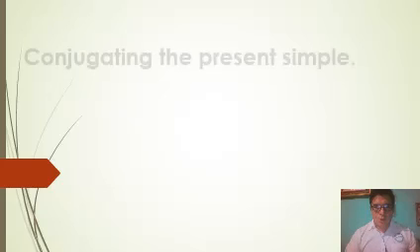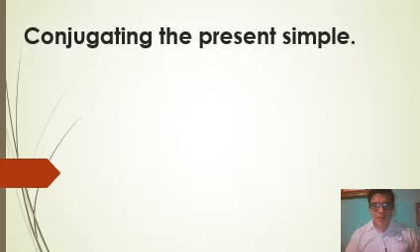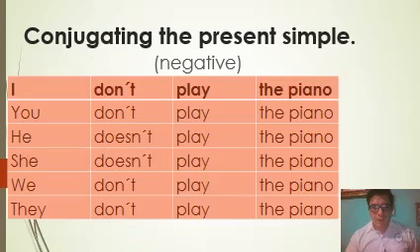Now we're going to be conjugating the present simple in negative form. Let's observe the chart. In the chart we have some examples. I don't play the piano. You don't play the piano.